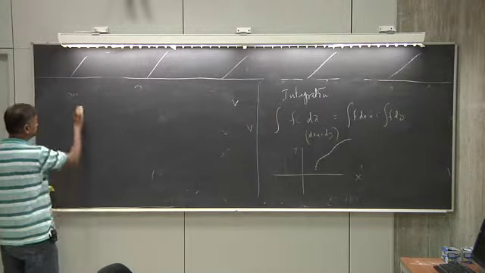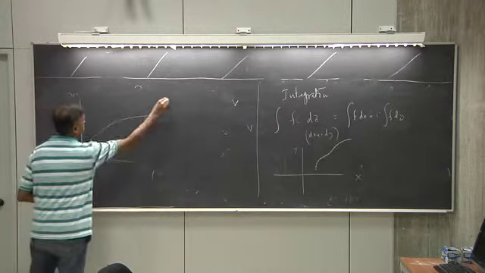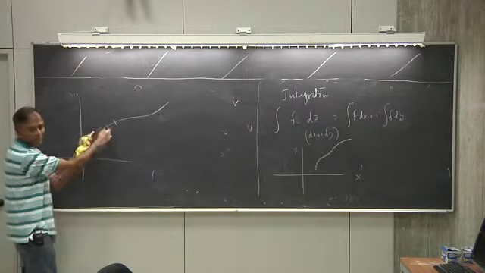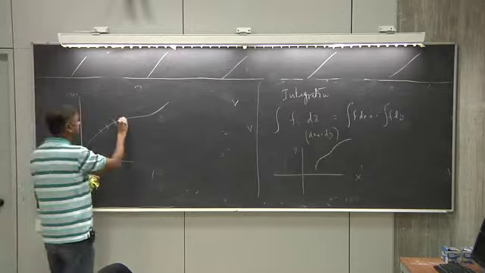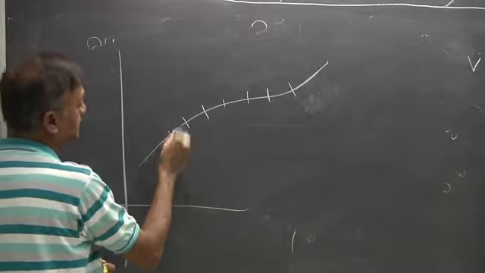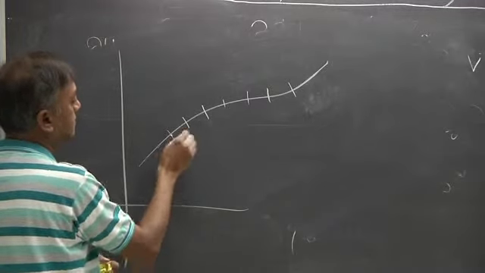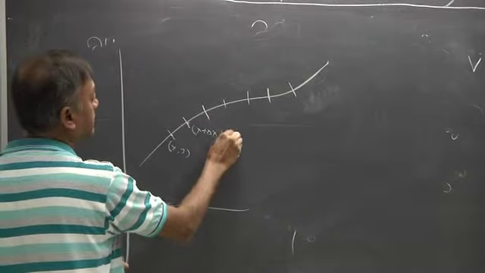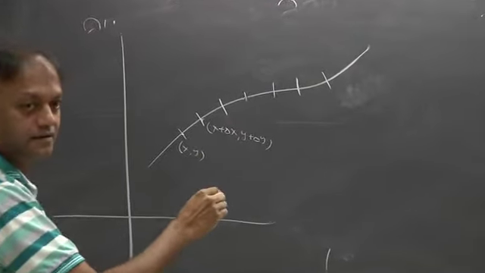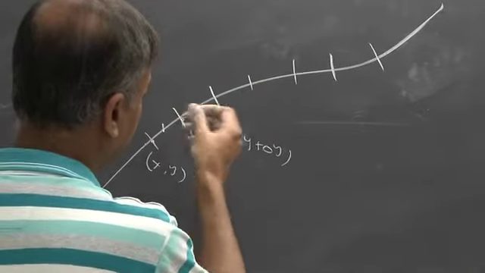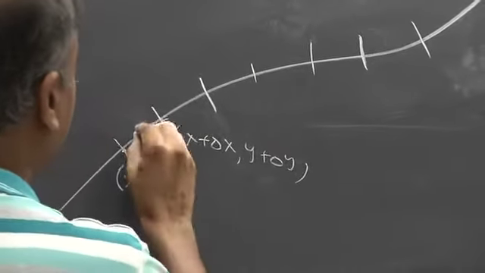So how is it defined? I have some contour, and then I divide it into pieces. These are supposed to be very small, but I'm drawing them big so that you can see. At this point we'll have some point x, y. This point will be x plus delta x, comma, y plus delta y in general. So you take some point somewhere in between, let's call it x prime, y prime.